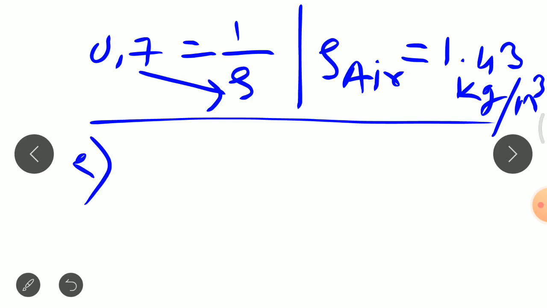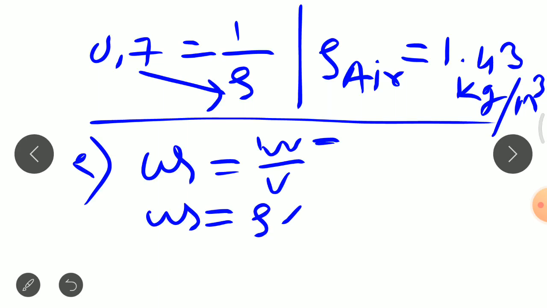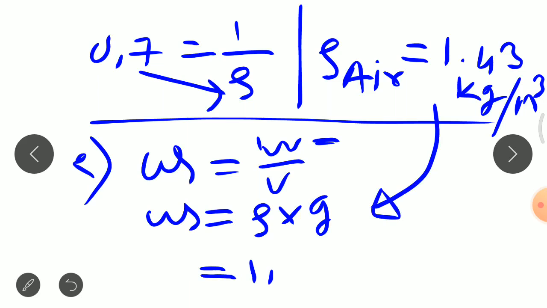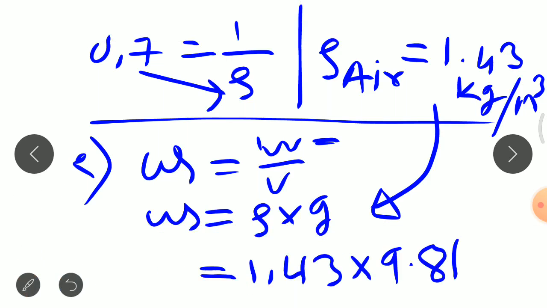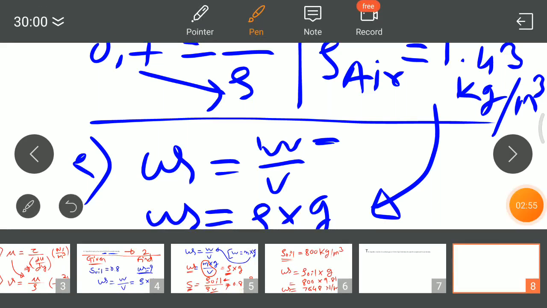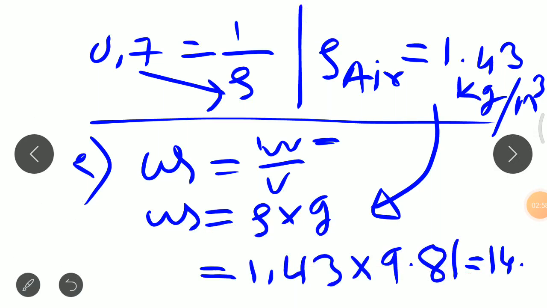Now the second quantity, that is specific weight, and specific weight is denoted as small letter w, which is equal to W upon V, but we don't have W, so we can write this formula as w is equal to rho into g also, and we have here the quantity of rho, 1.43 multiplied by 9.81, and the final answer is 14.03, and unit is Newton per meter cube.